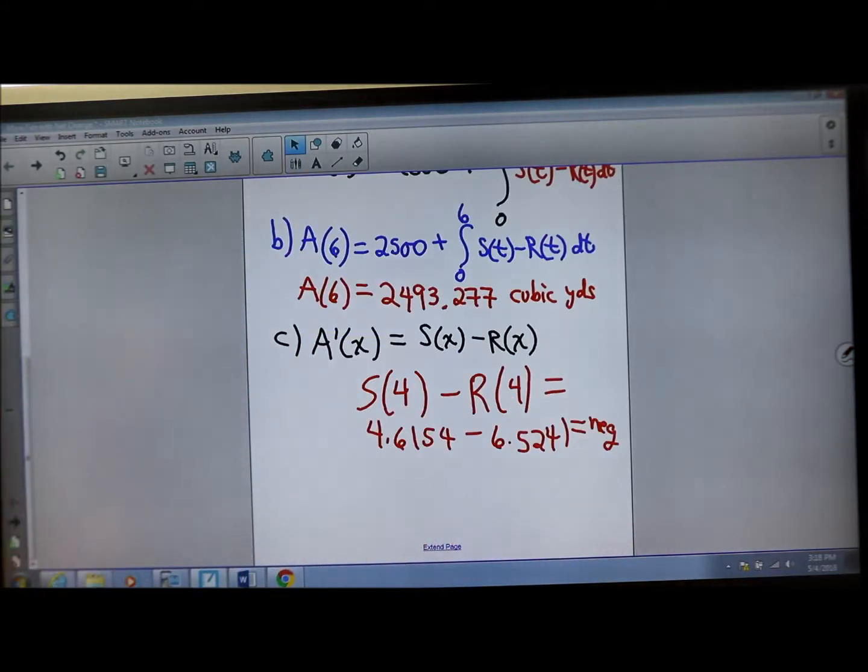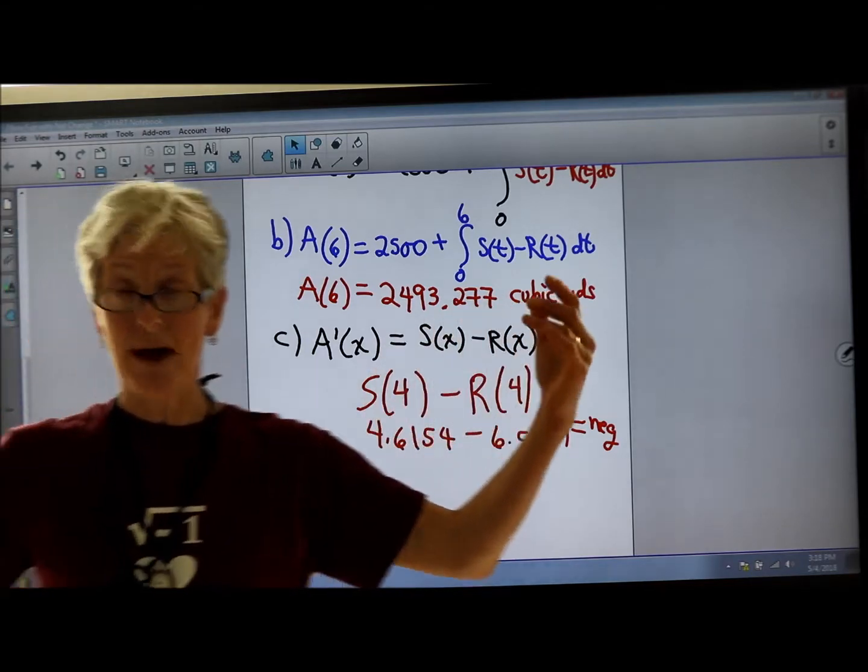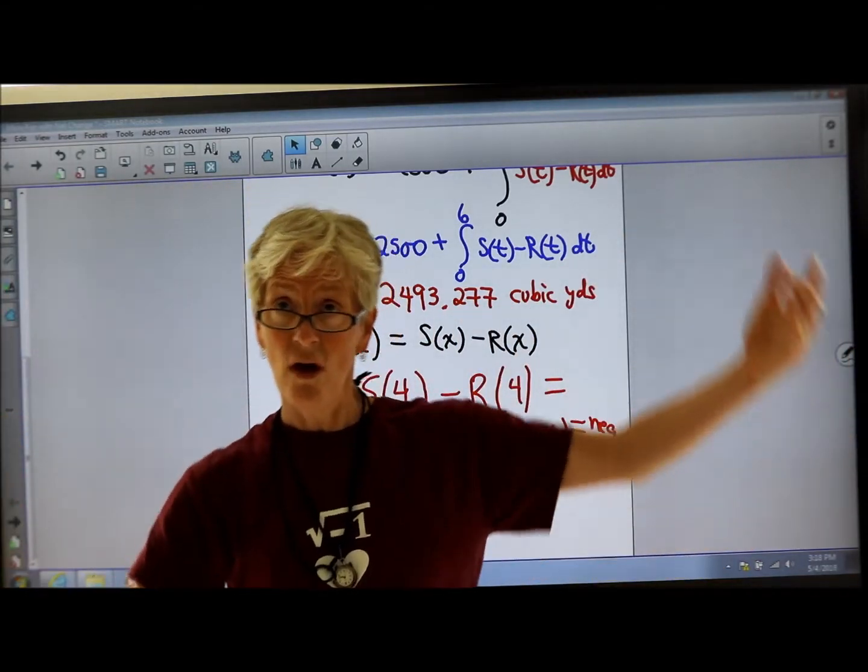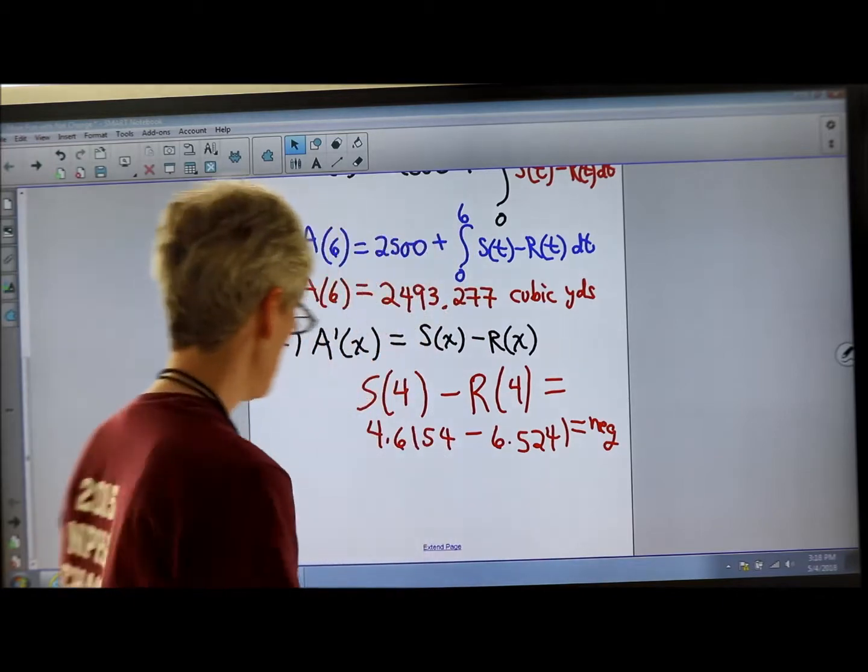And if I'm getting something negative, that means my function showing the amount has a negative slope.